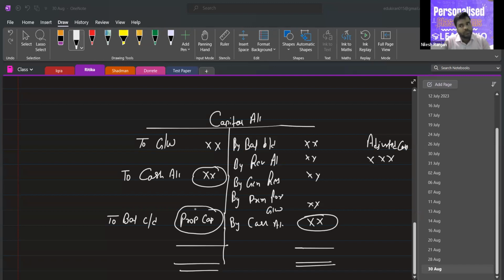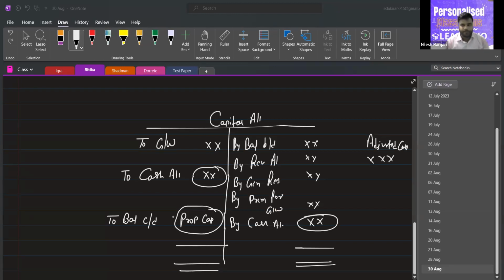There may be a question from your side: if we have already written the balance, why are we calculating the balance again? We are calculating the balance to find out the difference between his adjusted capital and his proportionate capital.